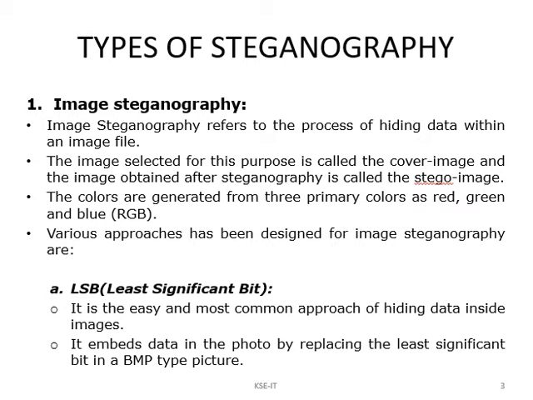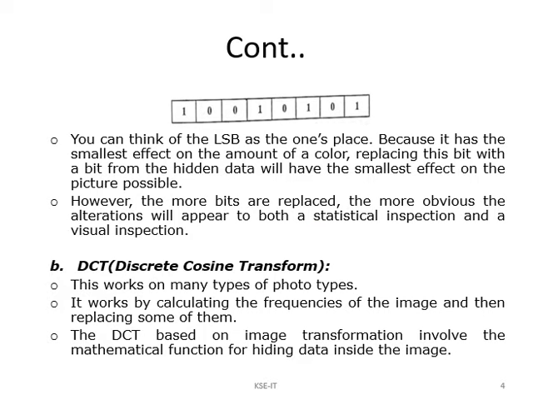It is the easiest and most common approach of hiding data inside the image. It embeds data in the photo by replacing the least significant bit in a BMP type picture. You can think of the LSB as the ones place because it has the smallest effect on the amount of a color.